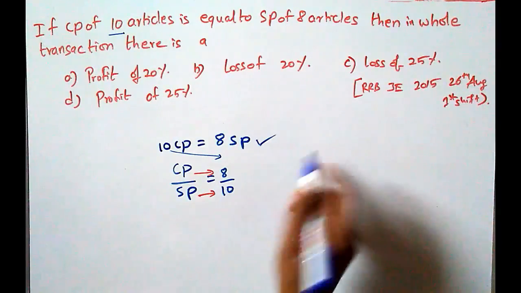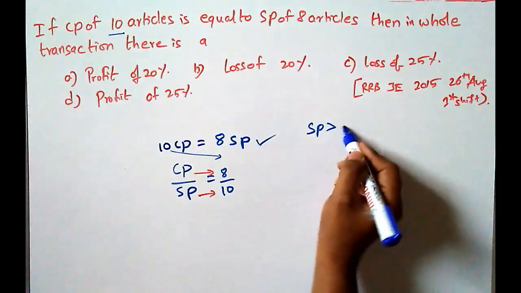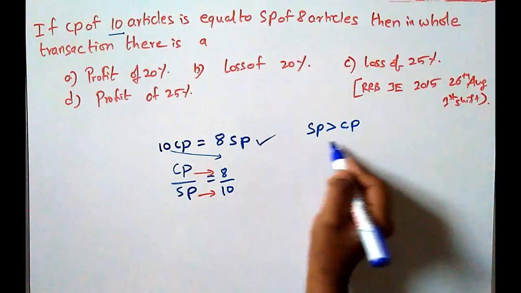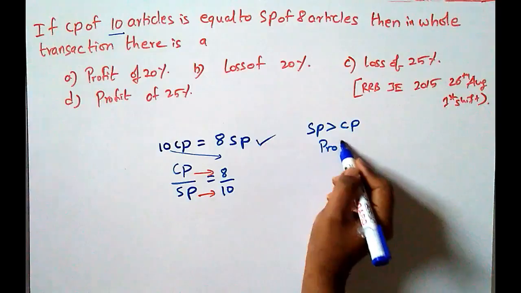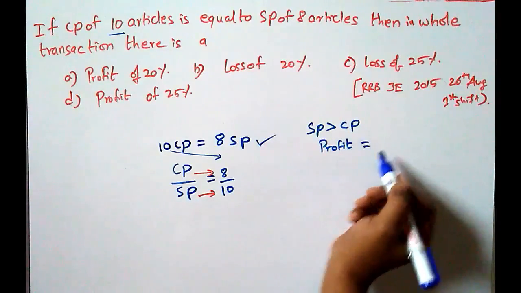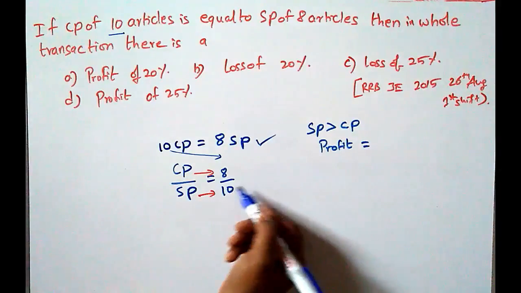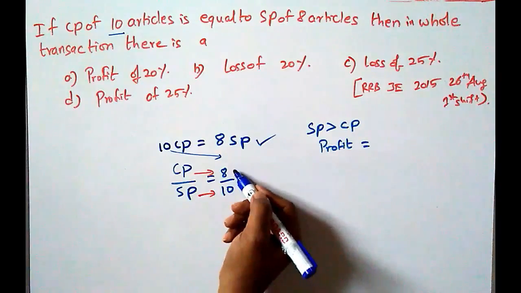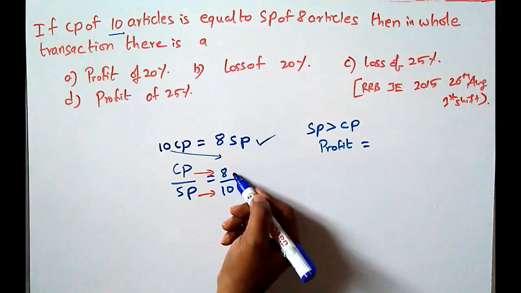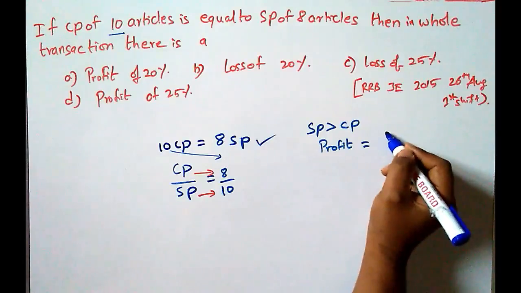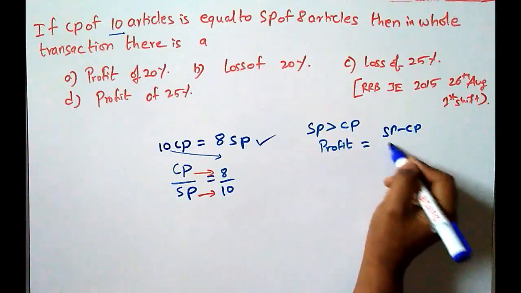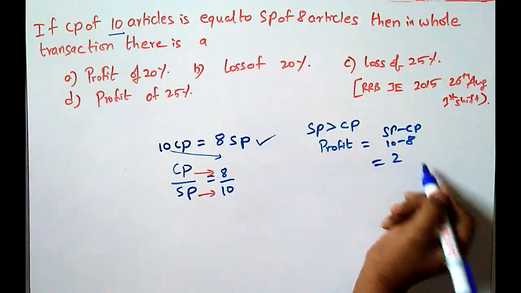Here SP is greater than CP. In the sense, it is a profit, friends. How much is this profit? 10 is SP, 8 is CP. 10 minus 8 is profit. Profit is nothing but SP minus CP, that is 10 minus 8, that is 2.